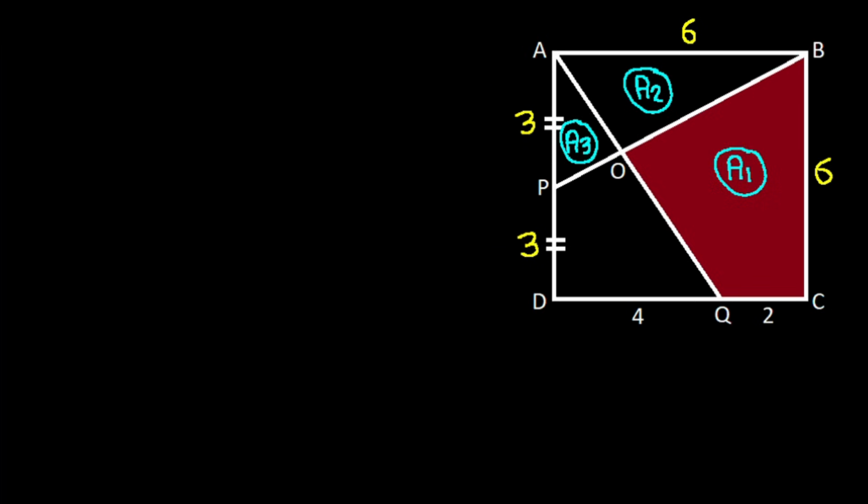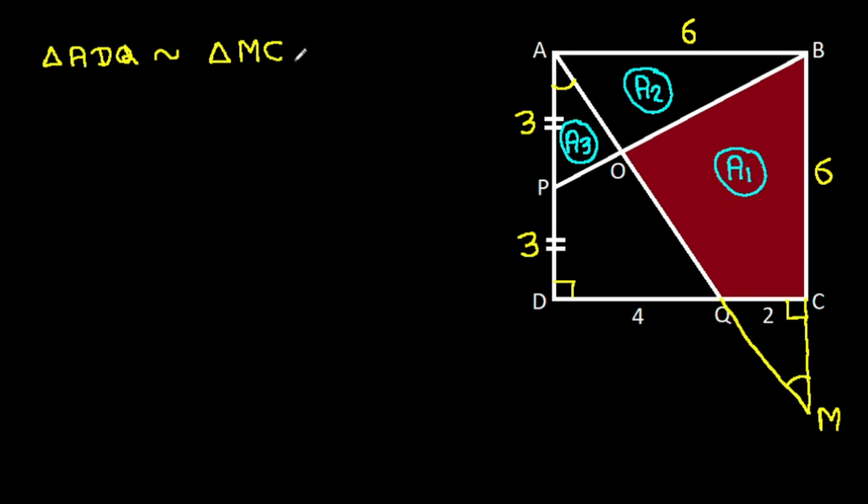Now if we extend AQ and BC, suppose this point is M, then these two angles will be equal and 90 degrees, and these two angles will be equal. So triangle ADQ will be similar to triangle MCQ.